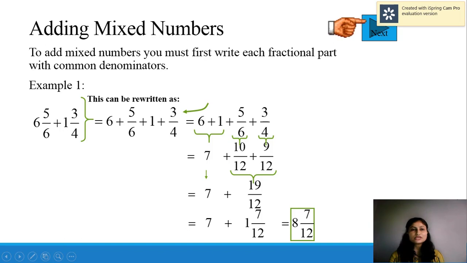So this way you can do addition, or another way is that you can do conversion of this mixed fraction into improper. Then after you take the LCM and then you can do the addition like this.